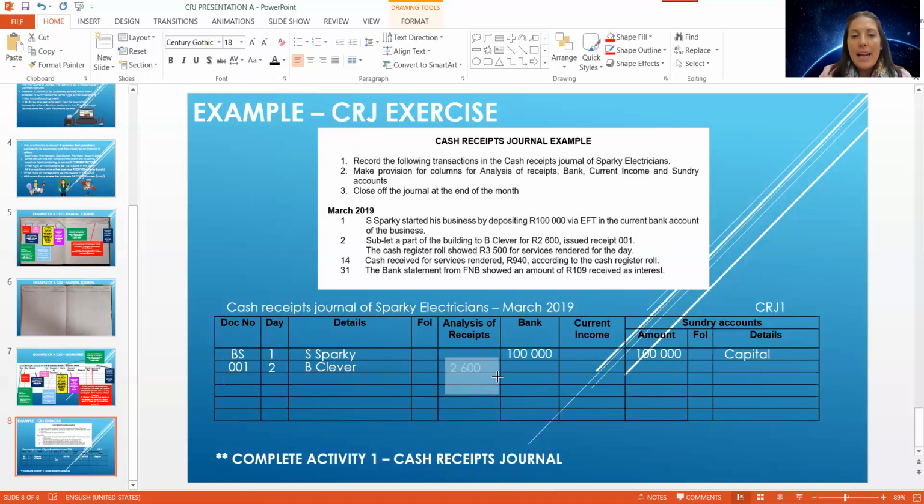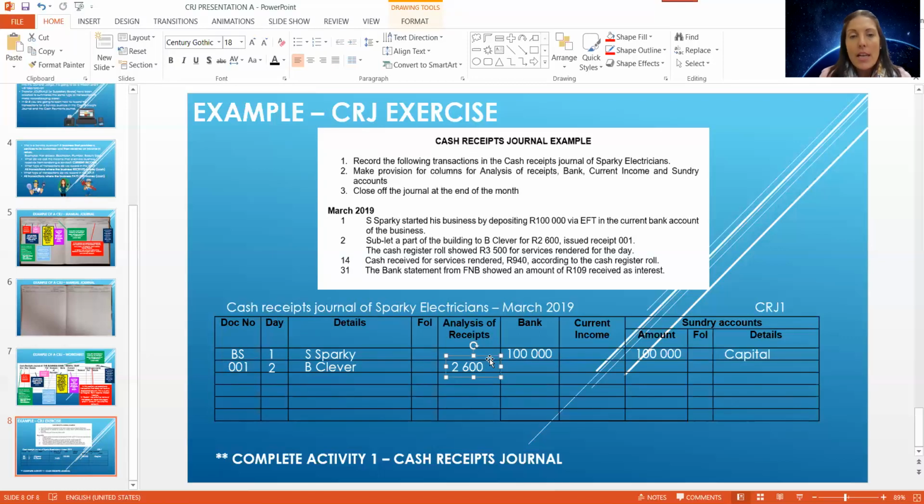Now, grade 8, there's something that you need to remember from now on. Remember, we said we only take the money to the bank at the end of the day, and we only go to the bank once a day. So before I can write the 2,600 Rand in the bank column, I need to quickly check if there wasn't another transaction that took place on that same day.